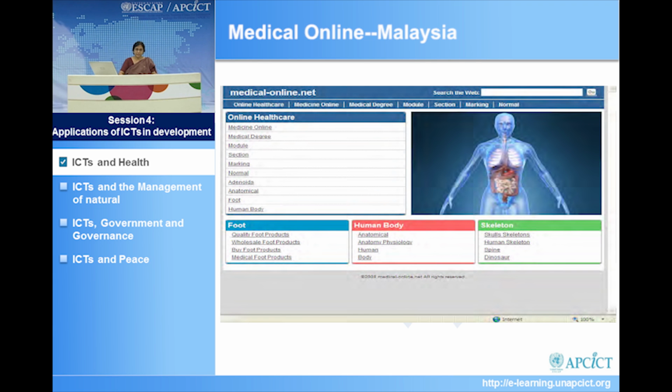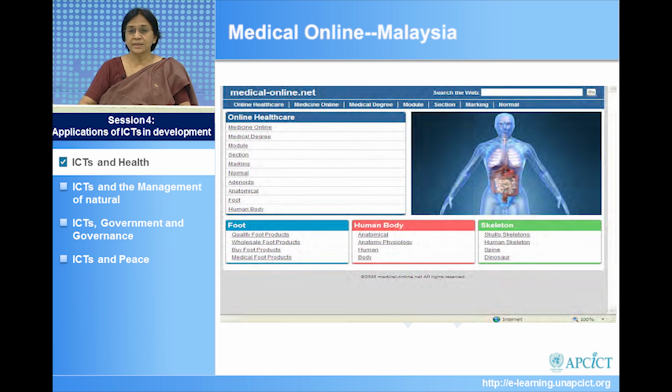I draw your attention to different case studies of both direct and indirect interventions in the application of ICTs for health. One such site is Medical Online Malaysia, where both individuals and doctors can turn for advice. In a sense, this combines telemedicine with an indirect application of linking doctors to continuing medical knowledge. This is an important site, but there must be many others, both in your own country and elsewhere, that you should really explore.